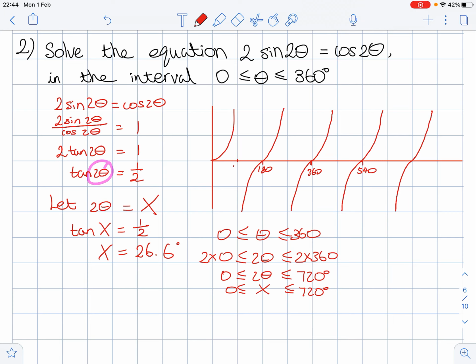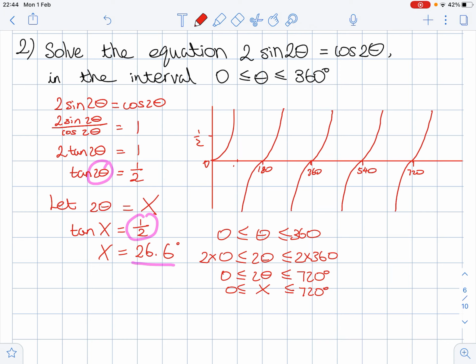So this is 540 and 720. So this is a sketch of my tan graph. So what I have found out, my principal value is 26.6. And what I'm interested in is when tan is a half.